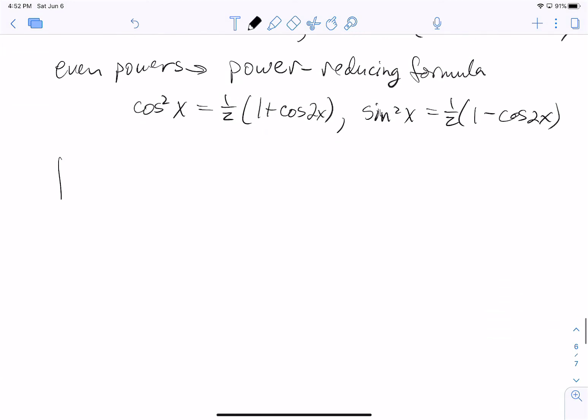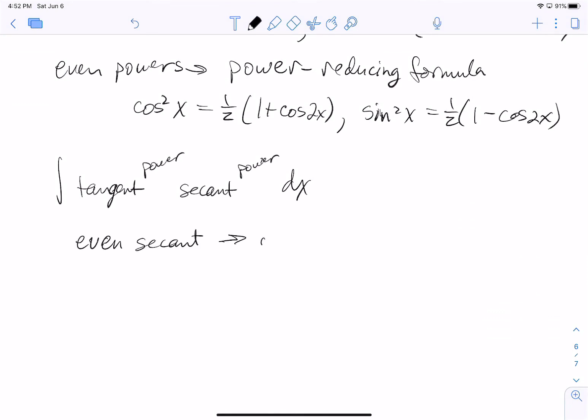If we have an integral of a tangent to a power times a secant to a power, again, say dx, then if we have an even secant, then we're going to use that the secant squared of x dx is equal to du and work from there.